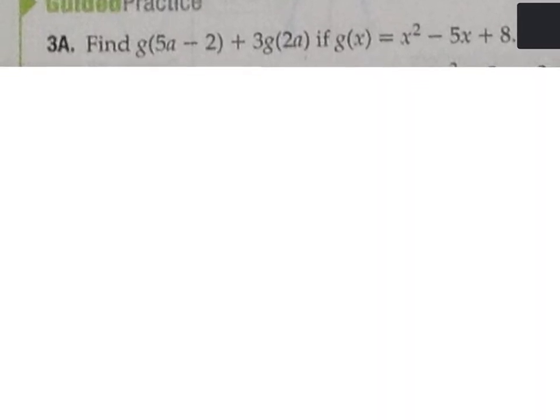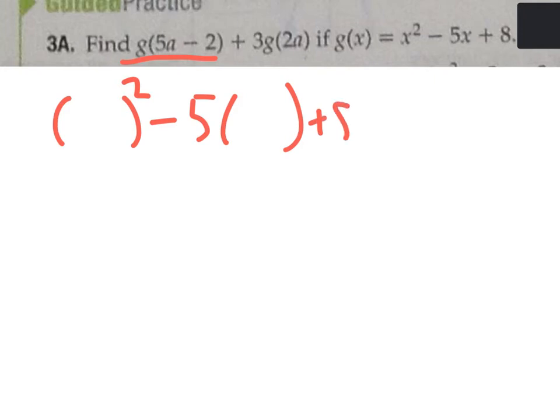So the first thing to do would be to calculate g of parentheses 5a minus 2. So we're going to take the binomial 5a minus 2 and plug it right into the x spots. So I would rewrite this thing, but instead of x squared, I want to go parentheses squared minus 5 times parentheses plus 8.